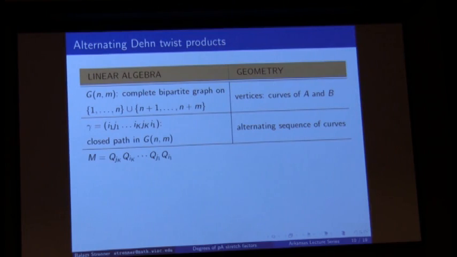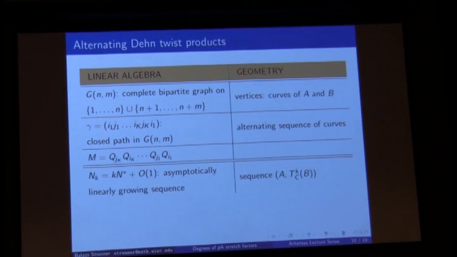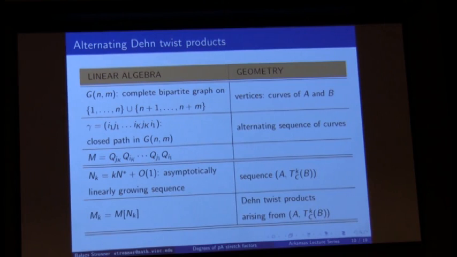Now this is only just a formal product. I want this to be a matrix, but remember that the Q_i depend on the intersection matrix. So I need to specify my intersection matrices, and I'm going to take this sequence of intersection matrices corresponding to my sequence of curves, and then define my matrices M_k using this sequence of intersection matrices.